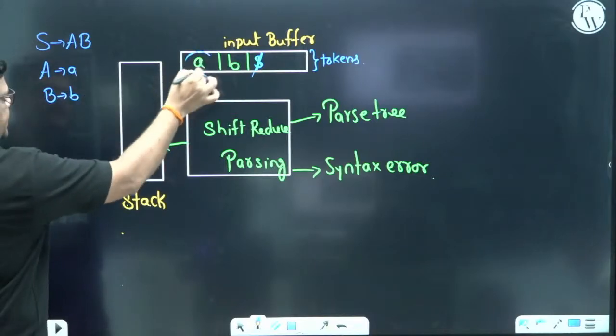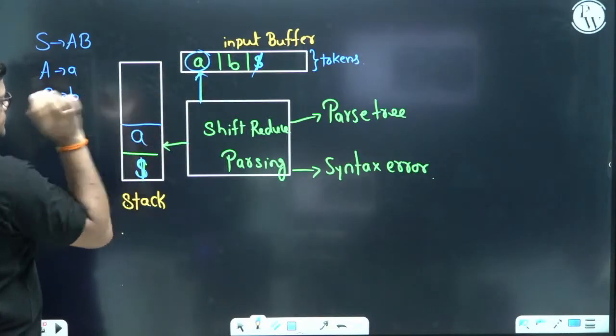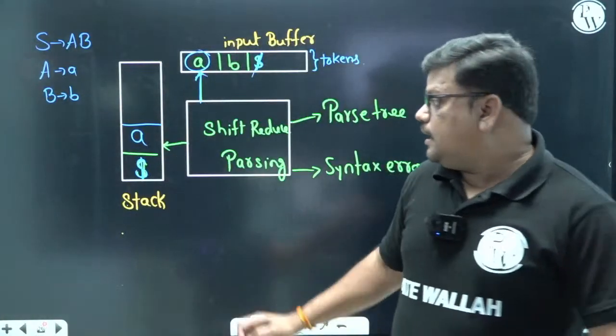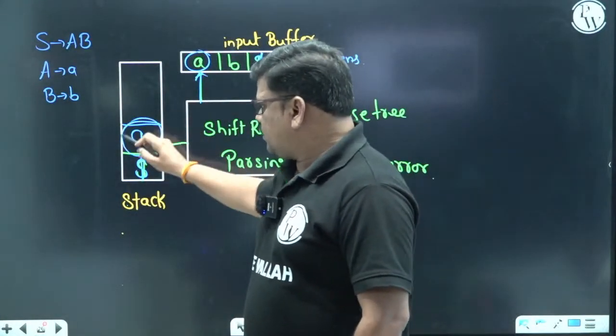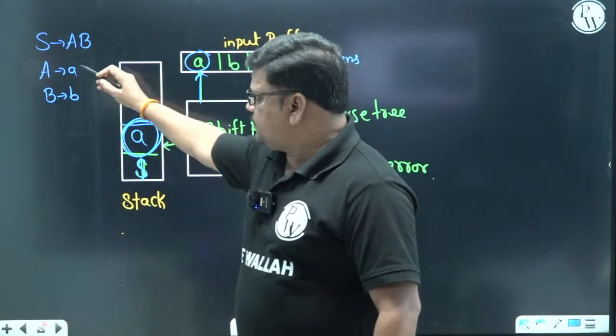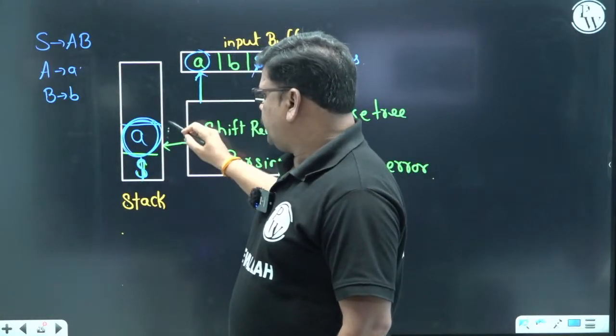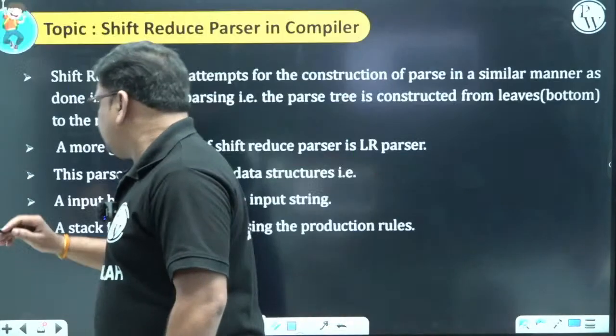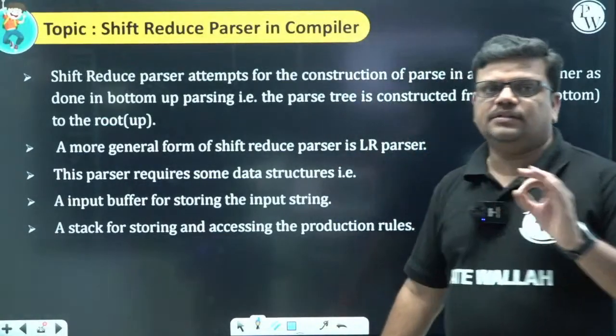The first symbol a is pushed into the stack, and verify whether this is a handle or not. This is a handle. Replace it by non-terminal capital A. This is called reduce.